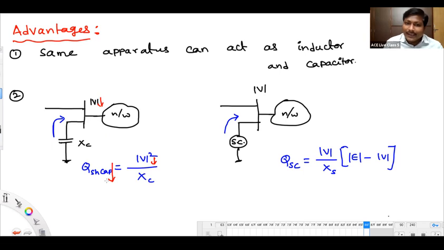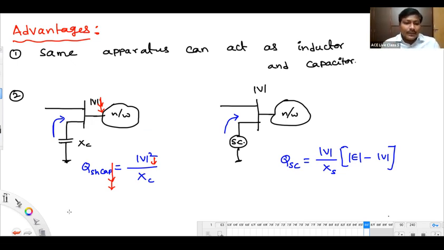If the voltage is falling, it is unable to supply a good amount of reactive power and supplies less than before. Then this voltage may fall further, and because of that, Q shunt capacitor may decrease further. That may cause a continuous decrement in the voltage, and at some time there is a possibility of voltage collapse.